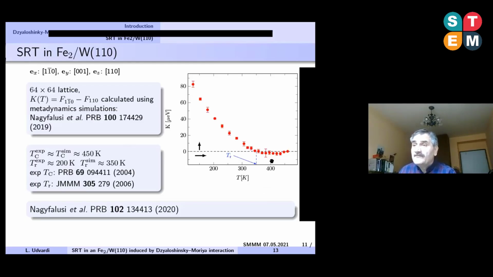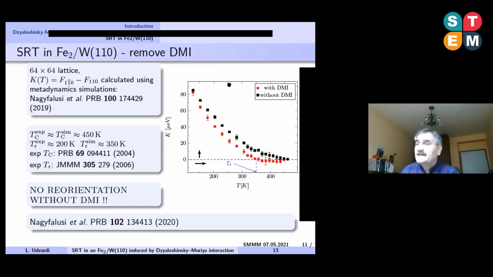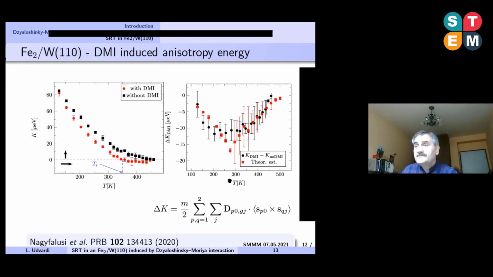And if we do the same simulation, omitting the Dzyaloshinskii-Moriya interaction, we get the black curve, and in that case there is no reorientation. This curve is the difference between the two, the anisotropy energy with and without the Dzyaloshinskii-Moriya interaction.